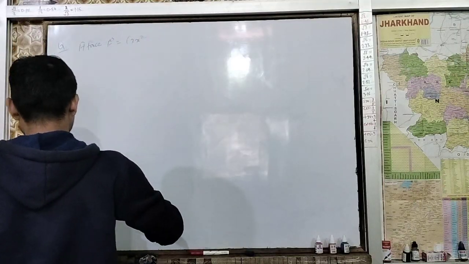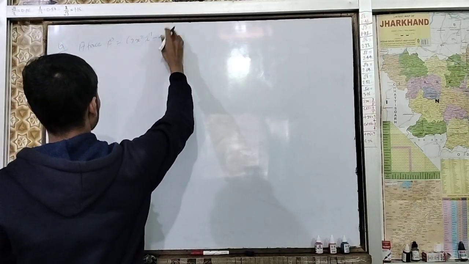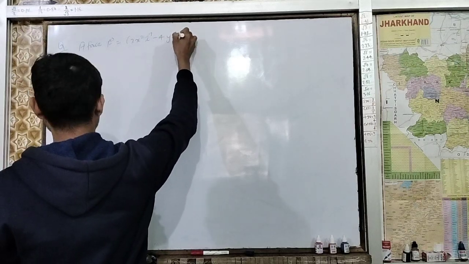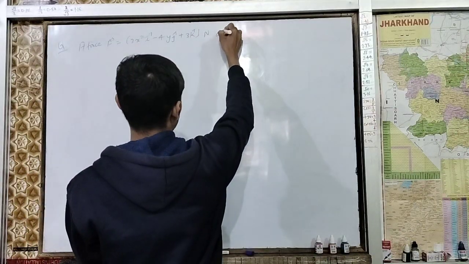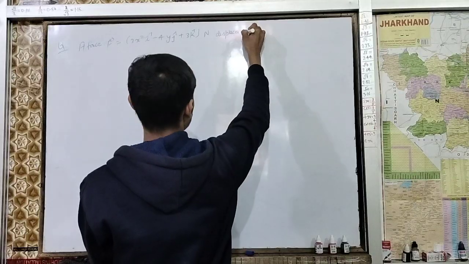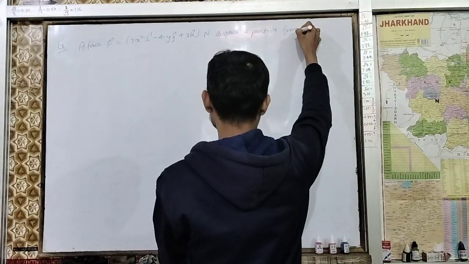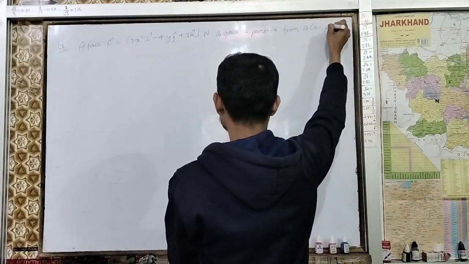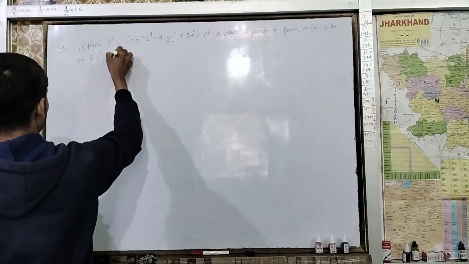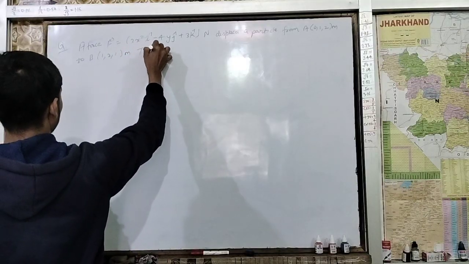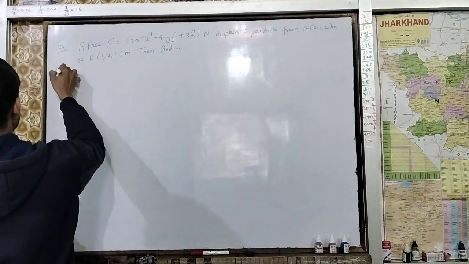Over here force is a variable. A particle is displaced from 0, 1, 2 meter to 1, 2, 1 meter. Then find W.